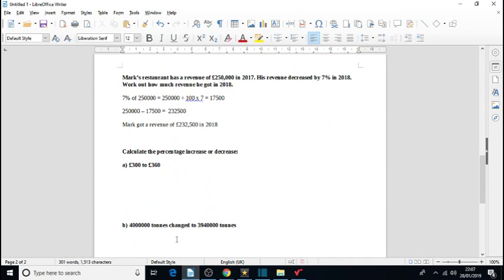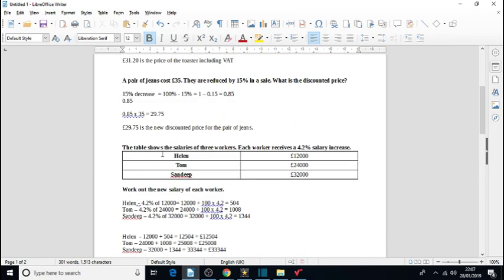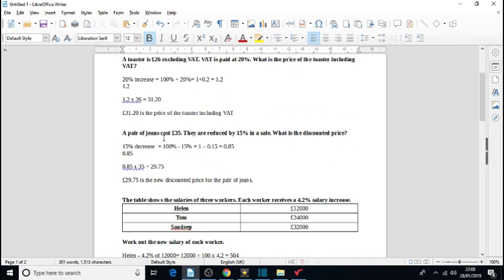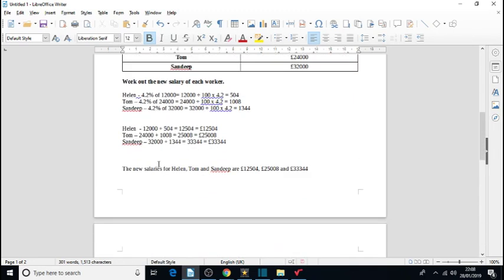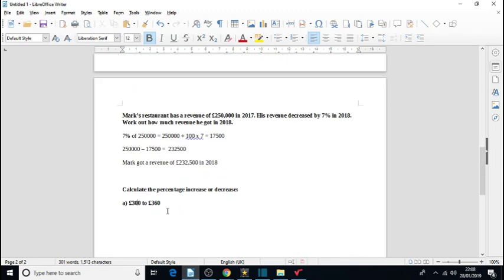Calculate the percentage increase or decrease. So here we are working backwards now. In the previous questions, we've been given our percentage increase and decrease, and we're working out the value when that increase or decrease is applied.